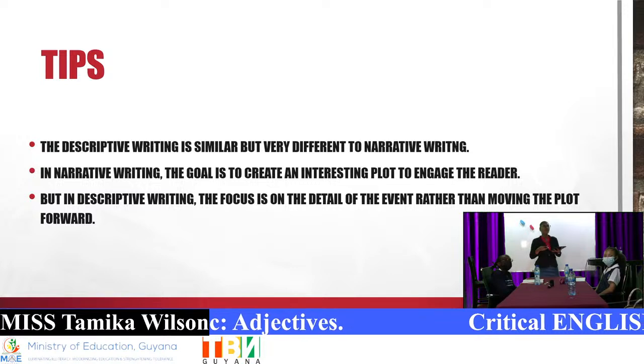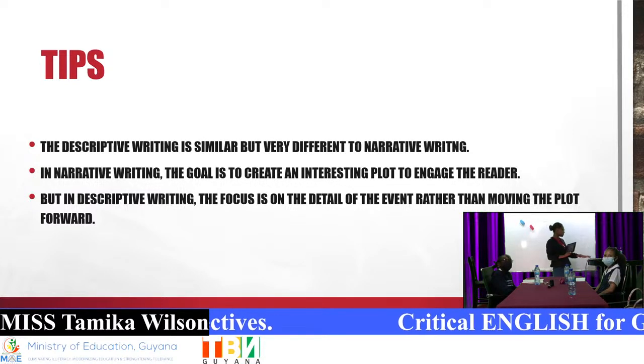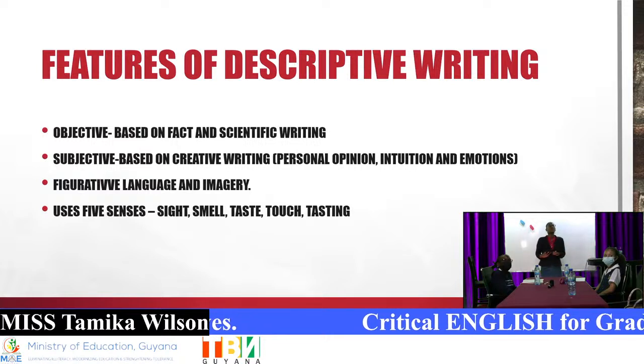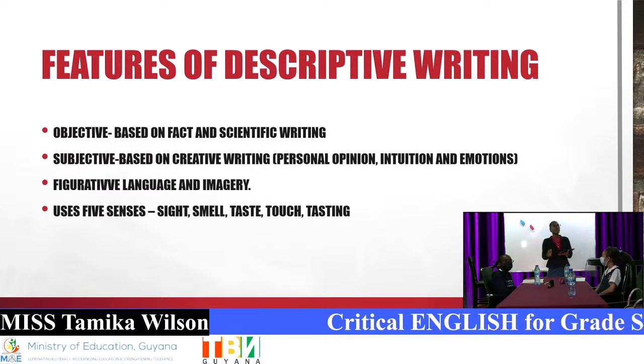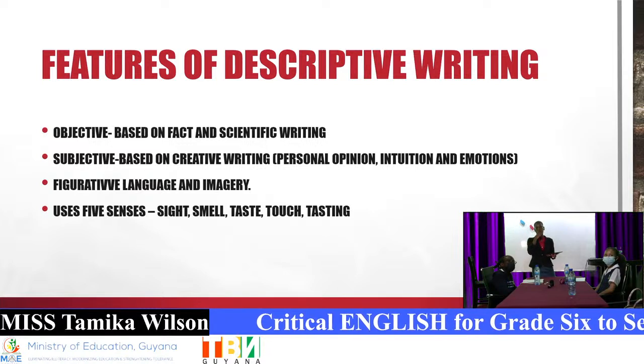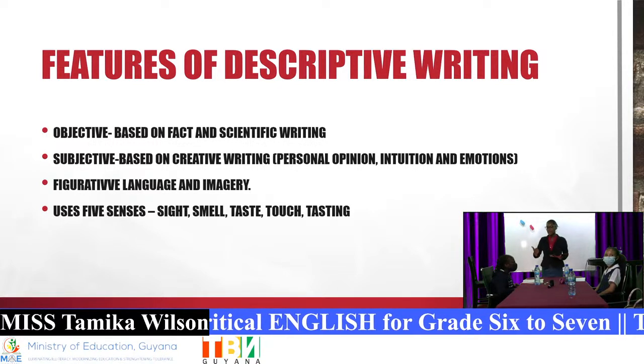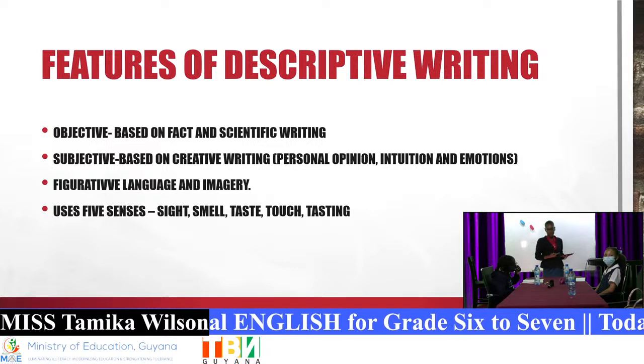So let's look now at some features of descriptive writing. The first thing is that this type of writing can be very objective. When we're writing objectively, we're using facts and scientific writing.